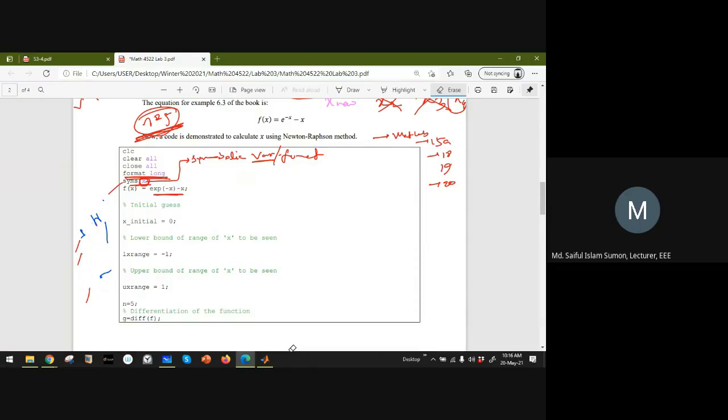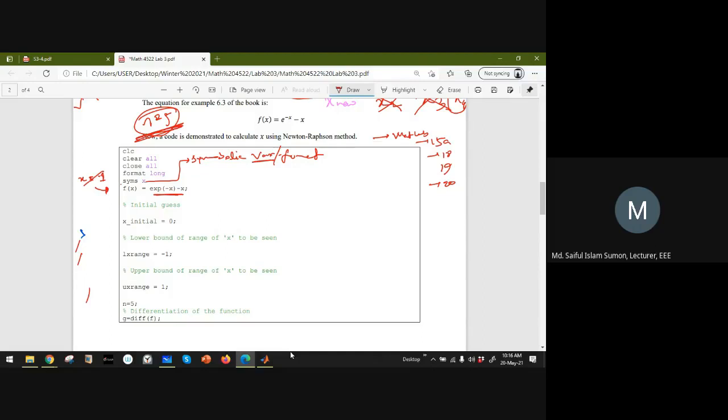These are initialization and declaration. If I don't do so, what I can do another way is x equal to, suppose, 0.1. If I specifically mention x equal to 0.1, then whenever I find f(x), at that time it will be one specific value. But I don't want that.